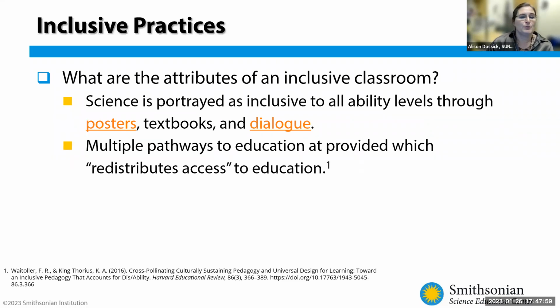So some attributes of an inclusive classroom would be portraying science as inclusive to all ability levels. And there's posters for that. There's textbooks, making sure that when textbook adoption or any websites you use or any Teachers Pay Teachers things are portraying all abilities.